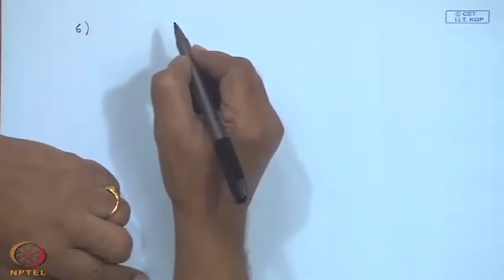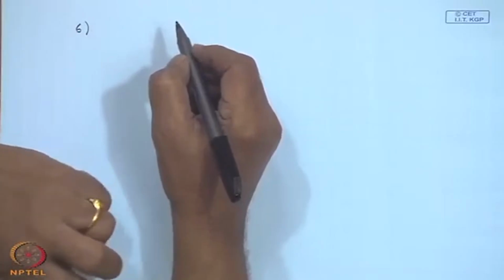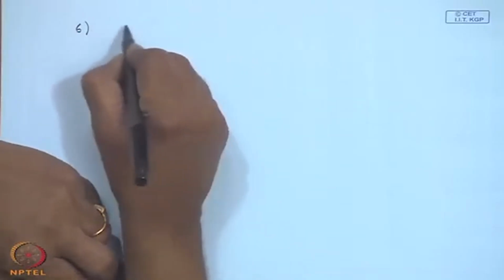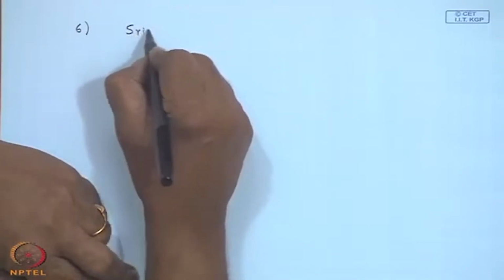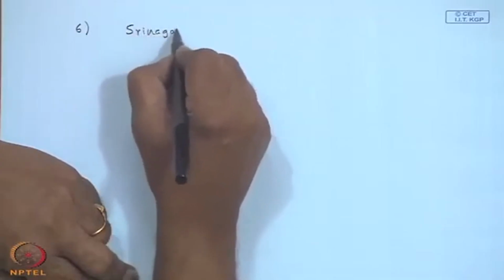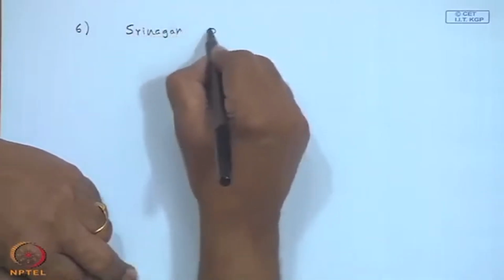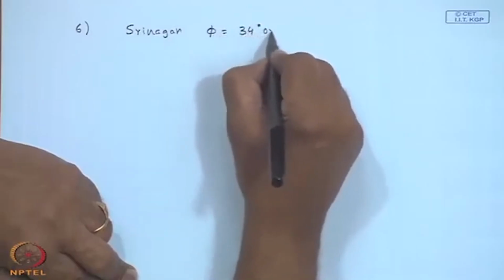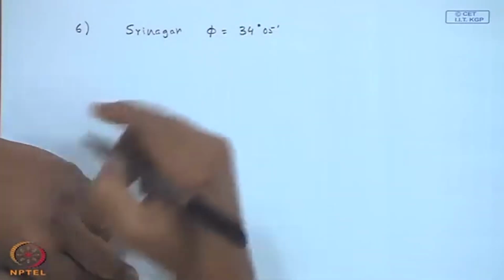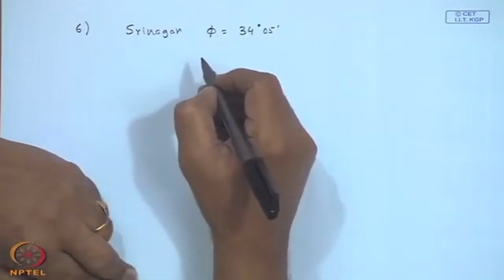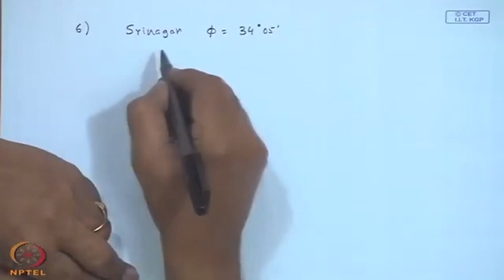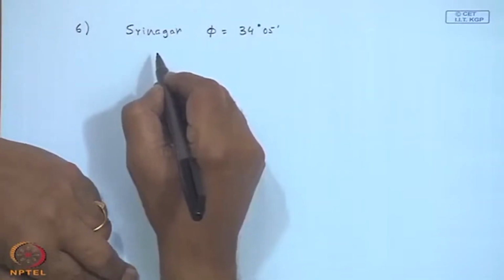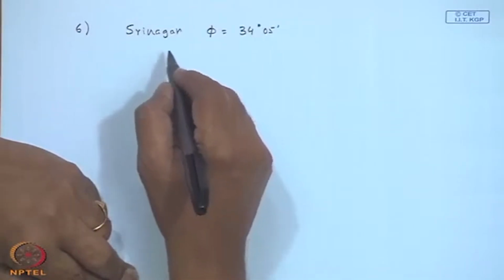To have reasonable space heating requirement, the location I have chosen is Srinagar, latitude 34 degrees 5 minutes, and we first have to calculate the data. I have already given it once again, or you can pick it up from the portal which I have already told last time.